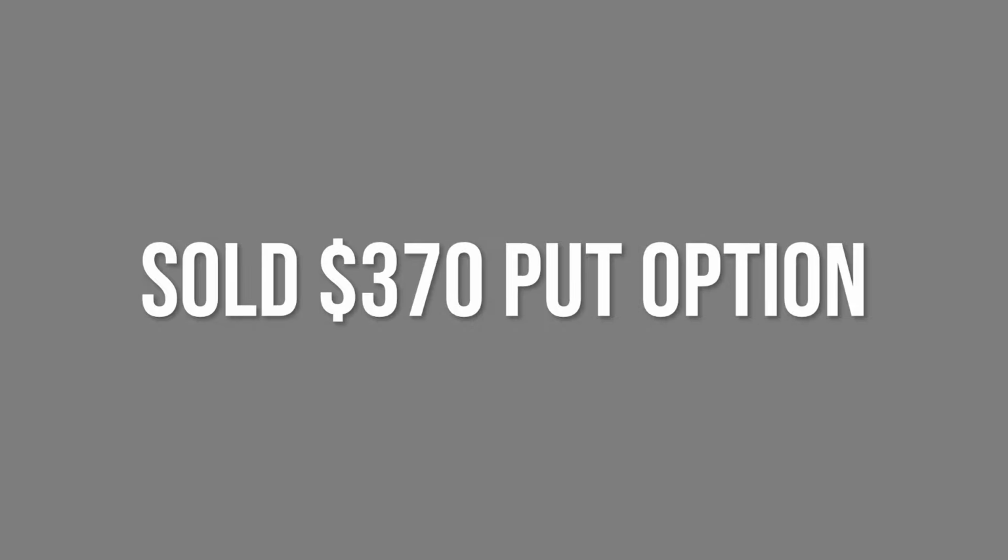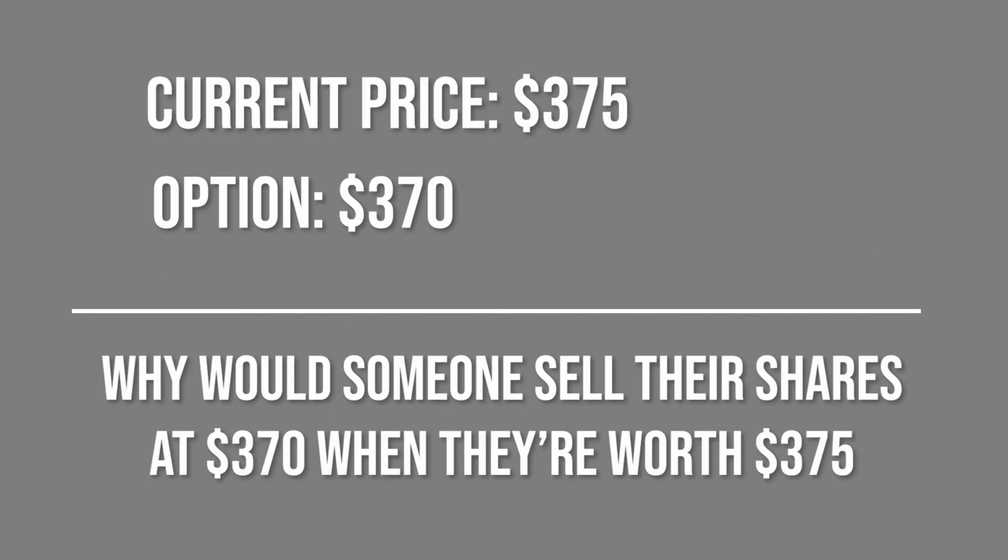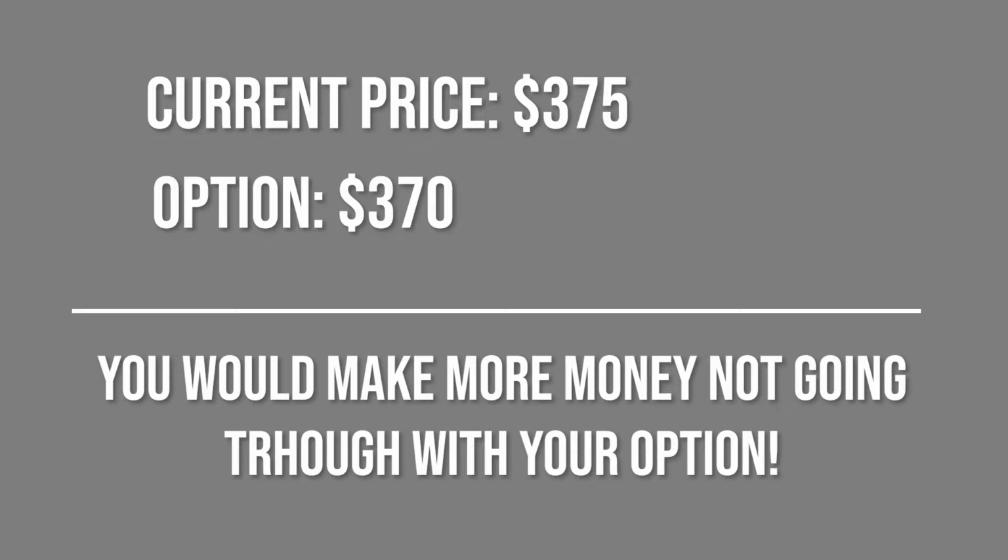For a sold option, we as the option seller have an obligation to buy 100 shares of Microsoft at that 370 price point. So if it's 375, why would someone want to sell it at 370 when you can literally go on the market and sell it at 375, right? You would make more money not going through with the option of selling it at 370.